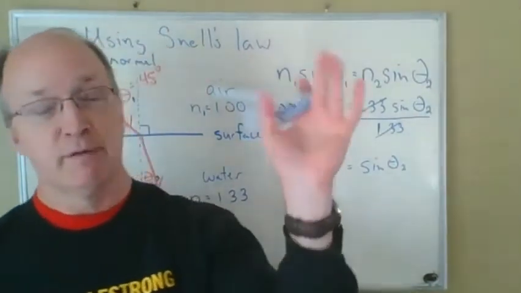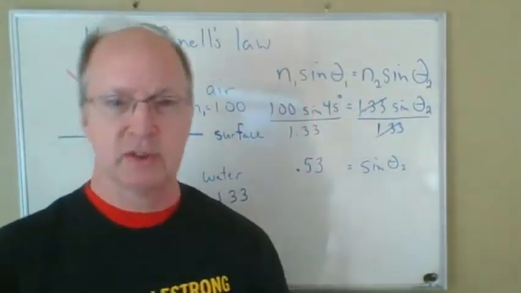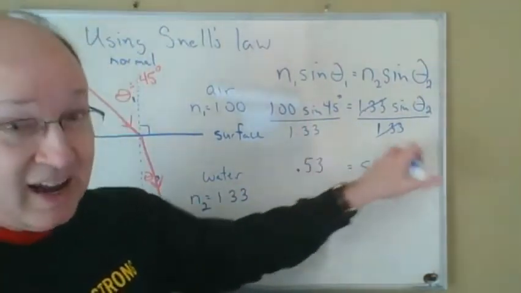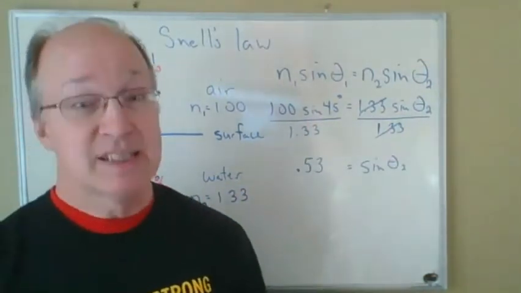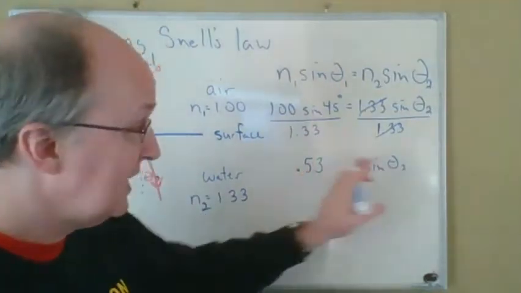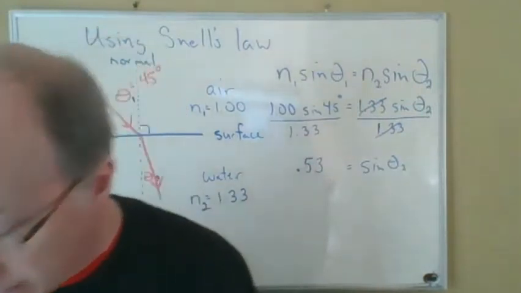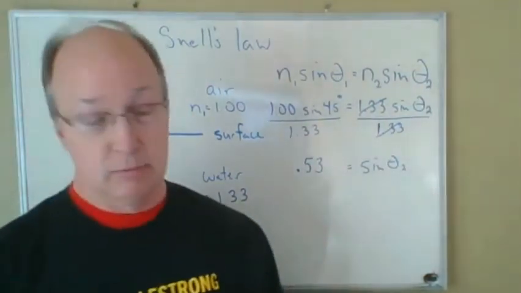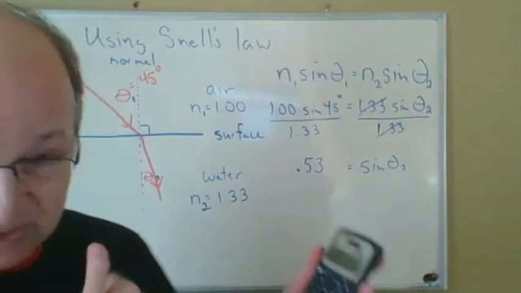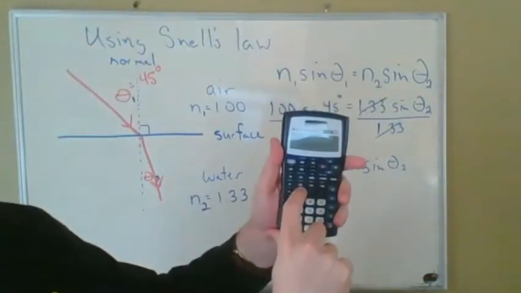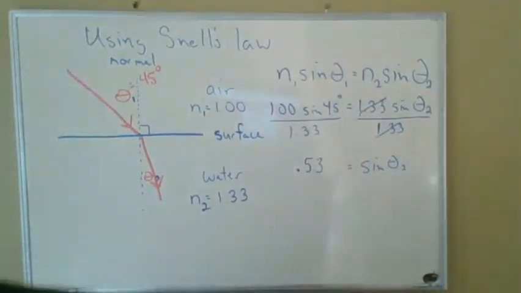Now, remember way back first semester when we were doing vectors and SOHCAHTOA and all that kind of stuff? Remember, when you have the sine of the angle, that's not the same as the angle. You want to know what the angle is? You have the sine equals that. You have to use that inverse sine. Now, depending on your calculator, it may be different. For this calculator, the one I have, the inverse sine, sine to the -1, is right above the sine button.